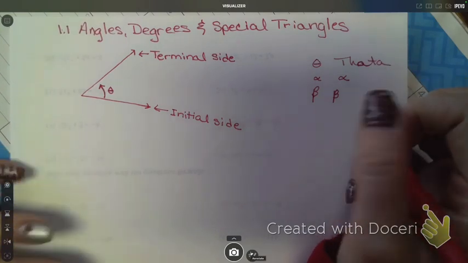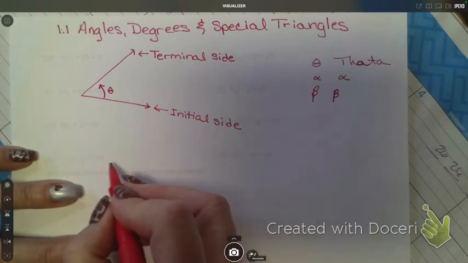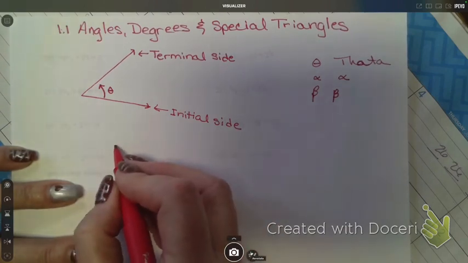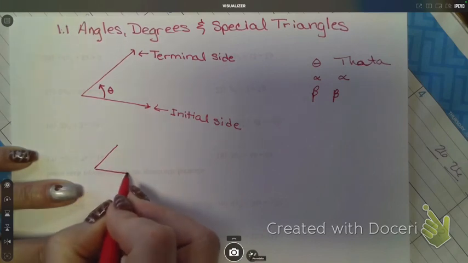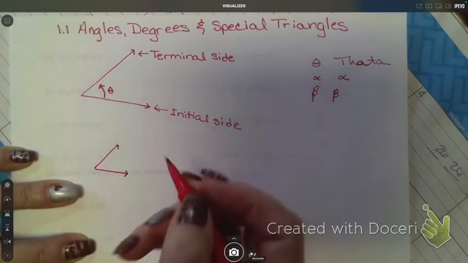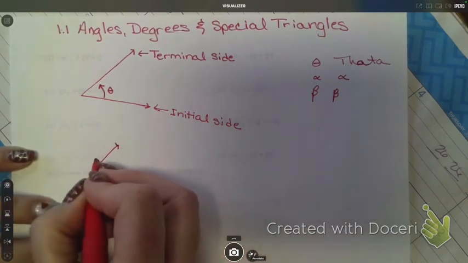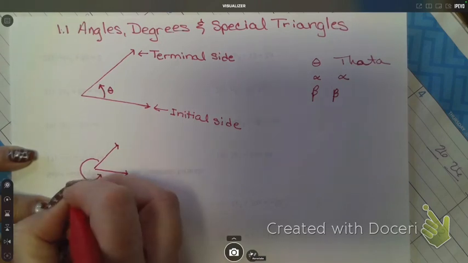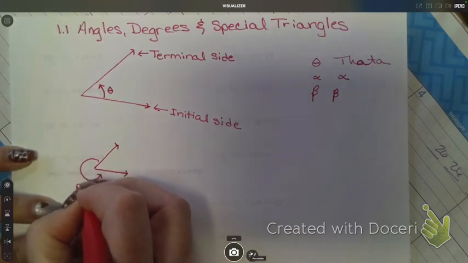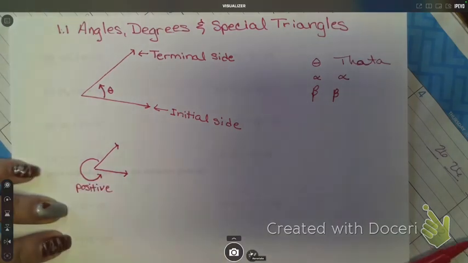So when we talk about angles, we did talk about this in geometry, but I don't know if you really remembered much. If I go counterclockwise, it is positive. Counterclockwise is positive.